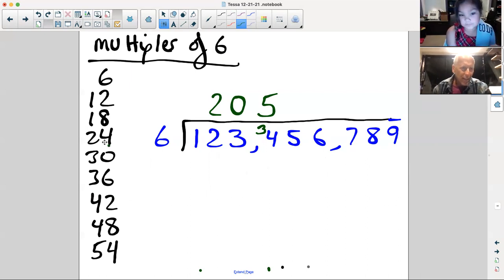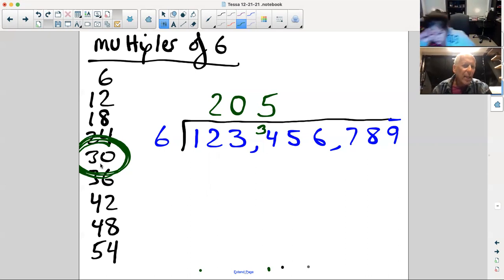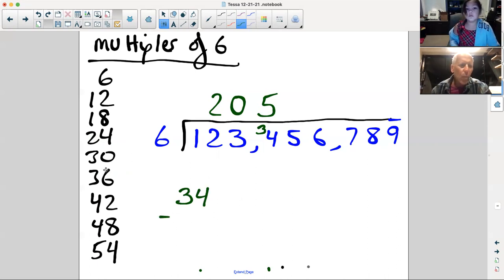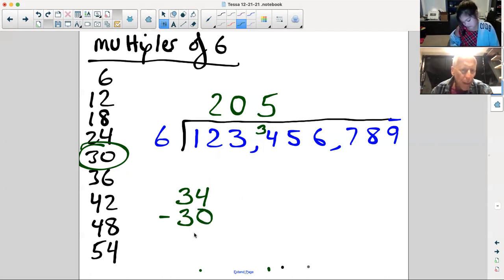Tessa, you're taking the 5th multiple of 6. Look up. And you're taking that away from 34. So what do you get, Tessa? Tessa, when you take 34, look up, and you take away the 5th multiple of 6. You were doing 34 minus 30.